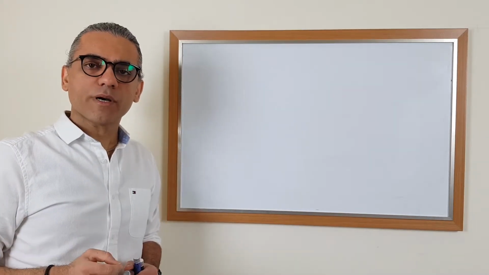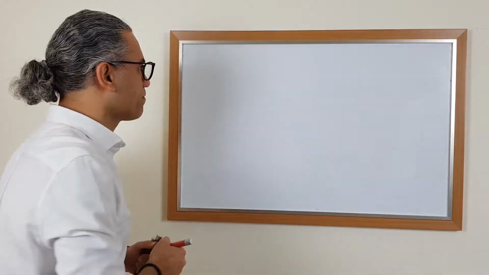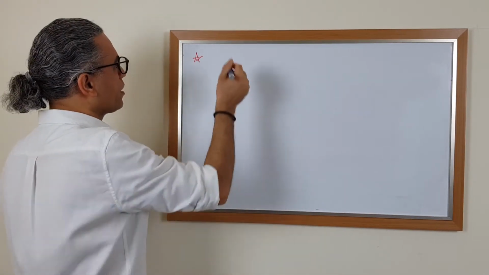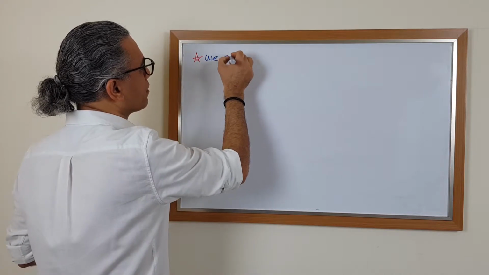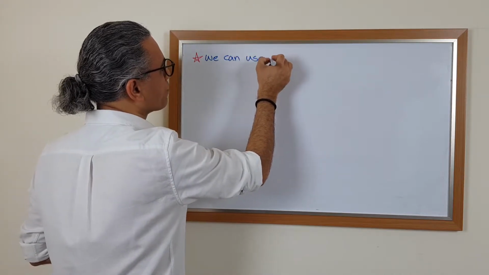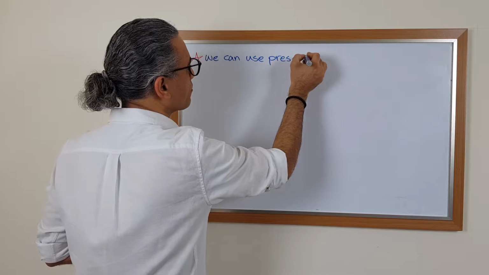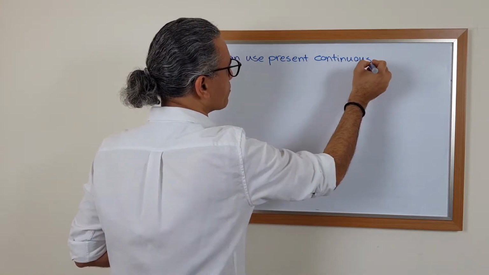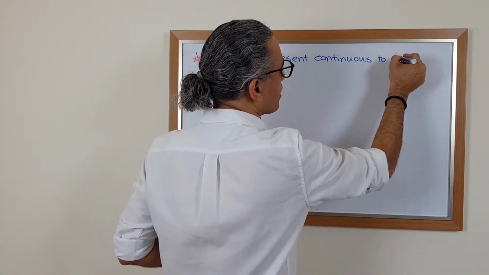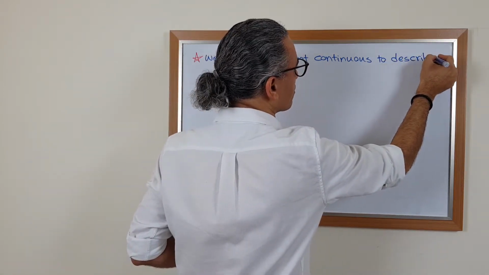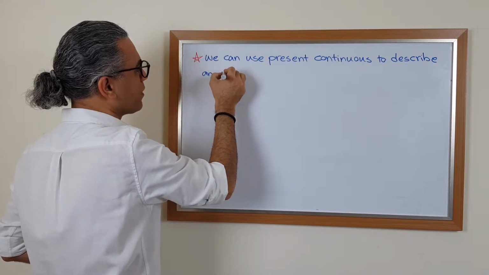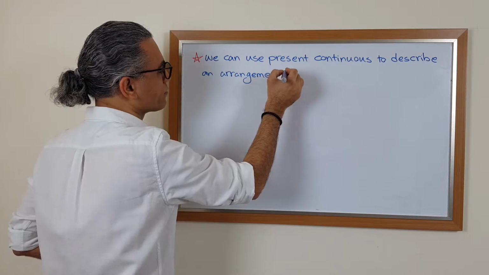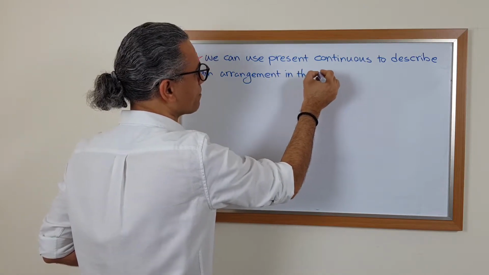Okay, let's talk about present continuous for the future. We can use present continuous to describe an arrangement in the future.